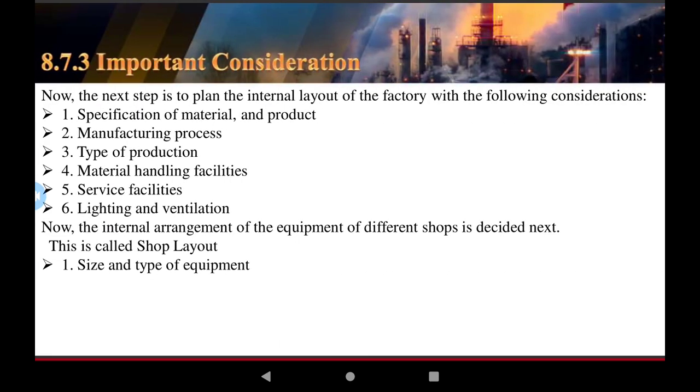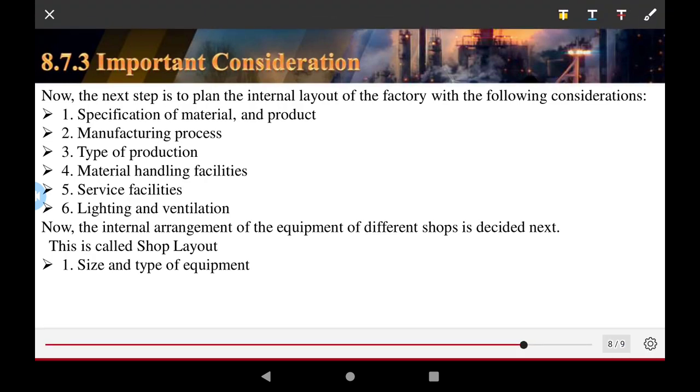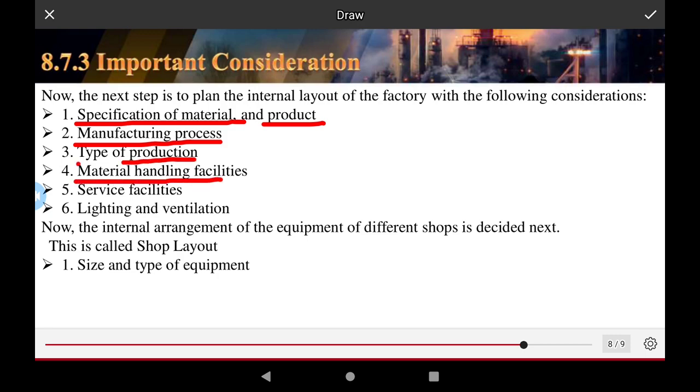For the internal layout of the factory, the following considerations matter: specification of materials and products, manufacturing process and types of production, material handling facilities and service facilities, and lighting and ventilation.